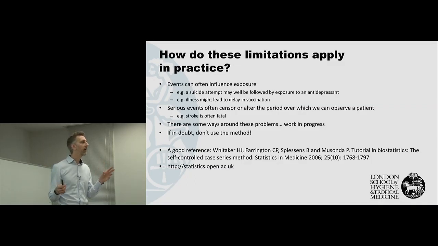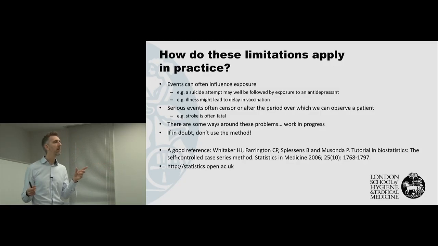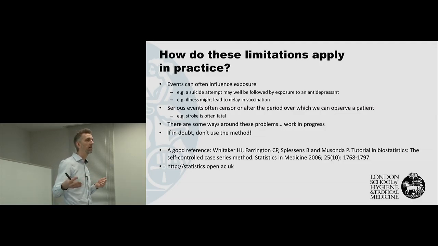A more subtle variation of this could be that an illness or an event may prevent somebody from receiving a vaccination in a short period of time. So it might be that if I've got some problem today, it may mean that for the next week or 2 weeks, I'm unlikely to receive a vaccination.